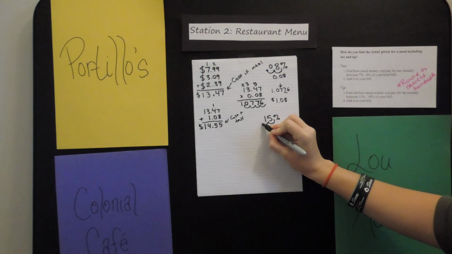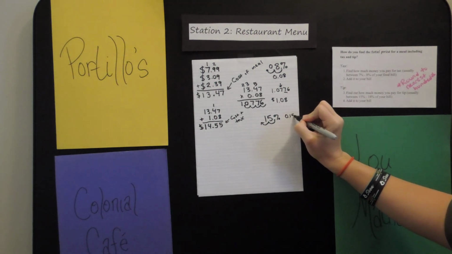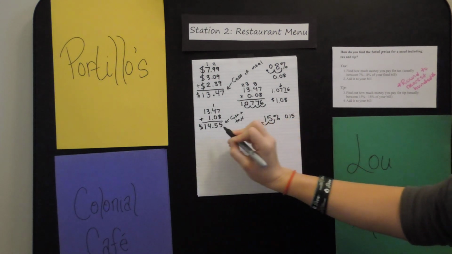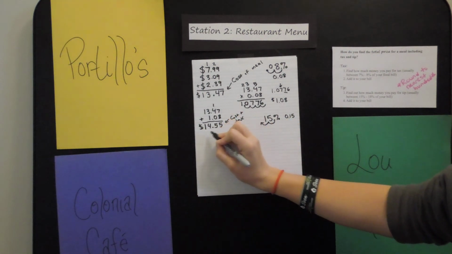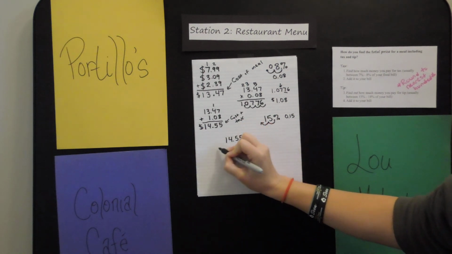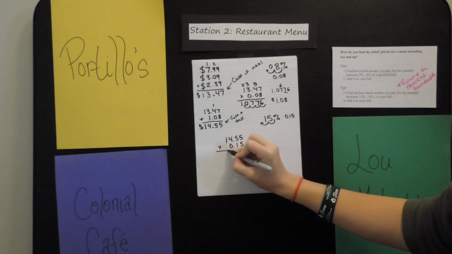We move it 2 times to the left to get 0.15. So this is 15% as a decimal. Then we would take our cost of the meal plus tax, which is 14.55, and multiply that by 0.15 for our tip.